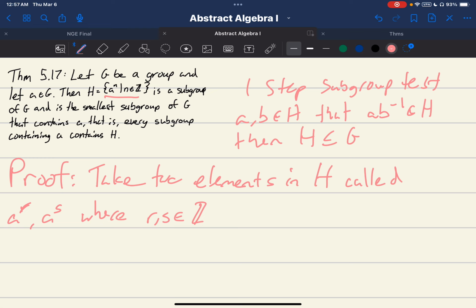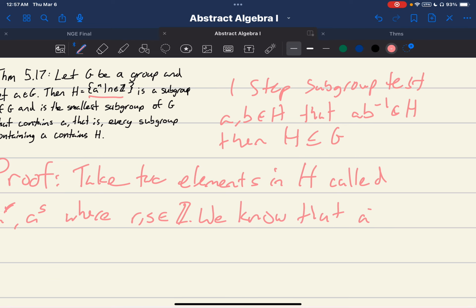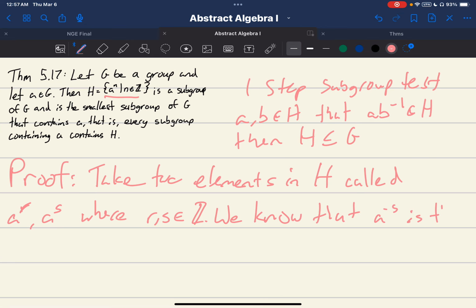Really standard. We know that a to the negative s is the inverse of a to the s.